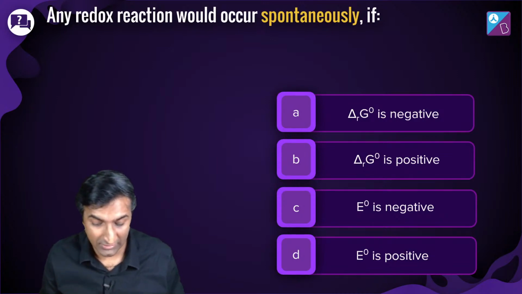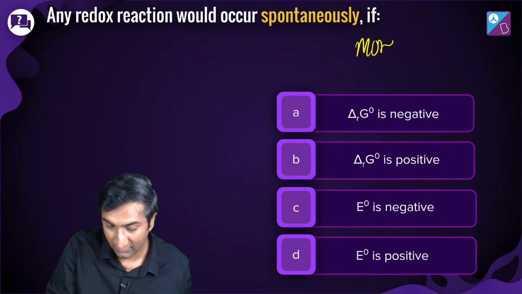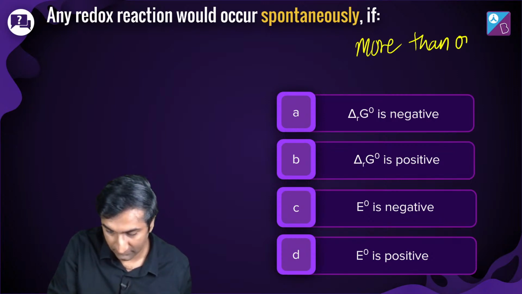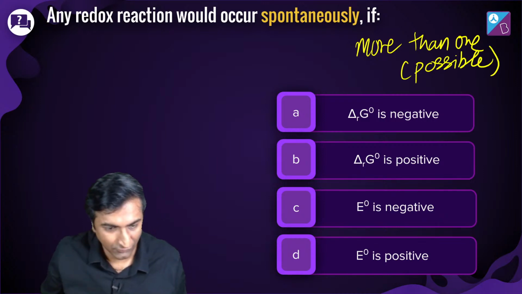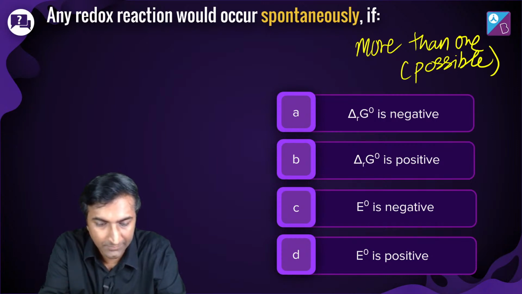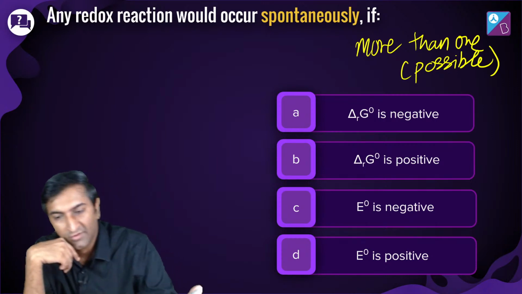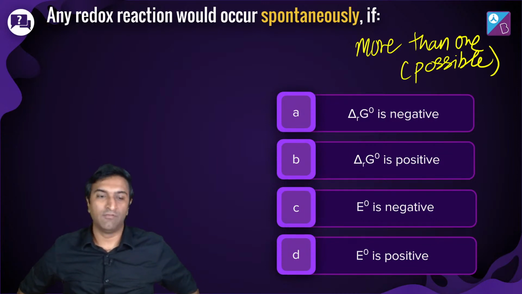Now, any redox reaction occurs spontaneously if... This one could have more than one correct answer, just a heads up. Please try this one. What do you guys think? Yes, this is also easy, just summarizing everything we've done so far.